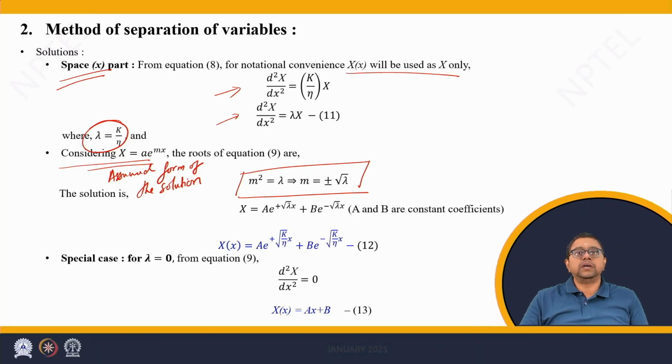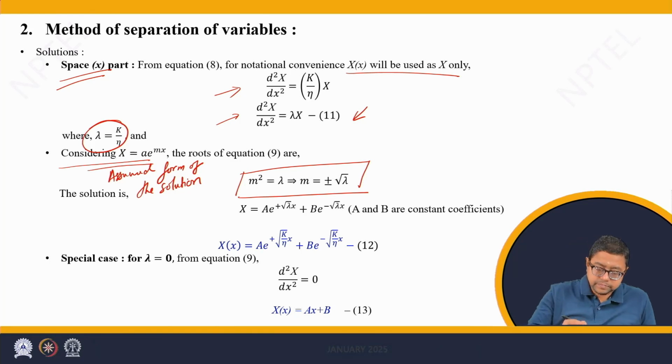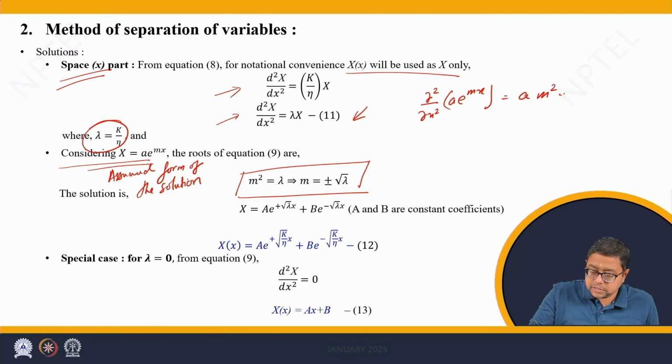If we substitute this X equals A e to the power mx into equation 11, we will get m square equals lambda. This is because we have the double derivative of A e to the power mx equals A m square e to the power mx.